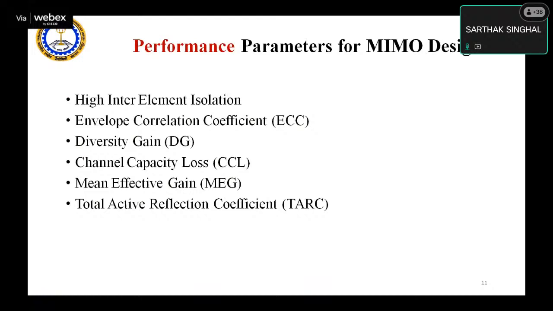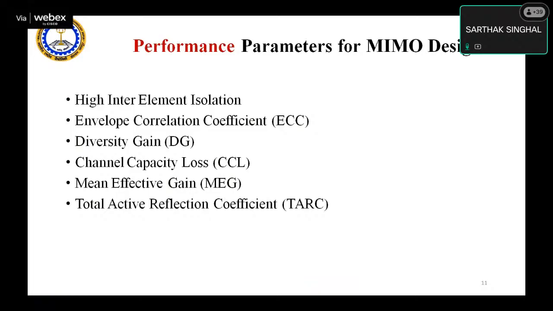Then envelope correlation coefficient, diversity gain, channel capacity loss should be lower. Then mean effective gain, the overall effective gain coming out to be.